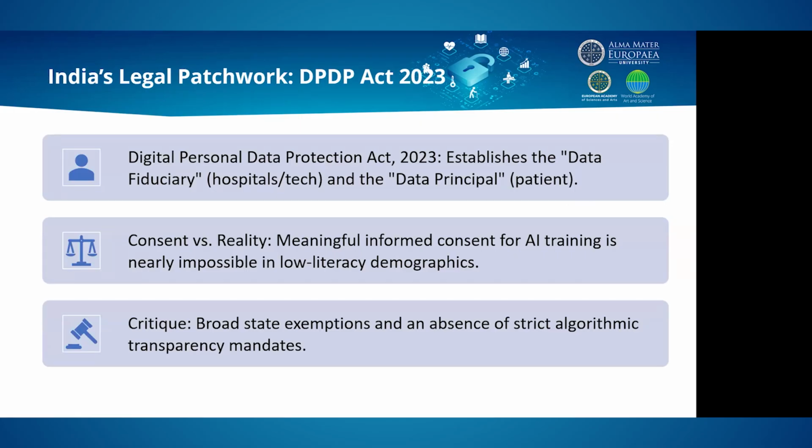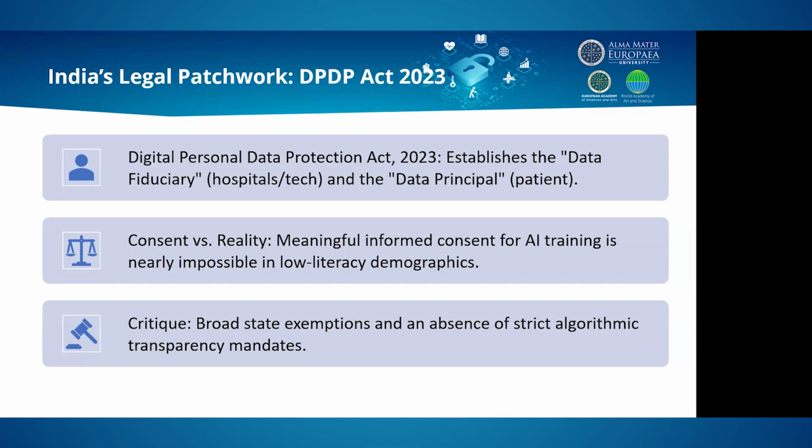To fix this, in India we have a legislation which was framed in 2023. We call it the Digital Personal Data Protection Act. It's a robust shield that strictly defines the data fiduciary, that is the hospitals and the tech companies, and the data principal, the patient. But this is the irony of the law: the DPDP Act relies heavily on informed consent.